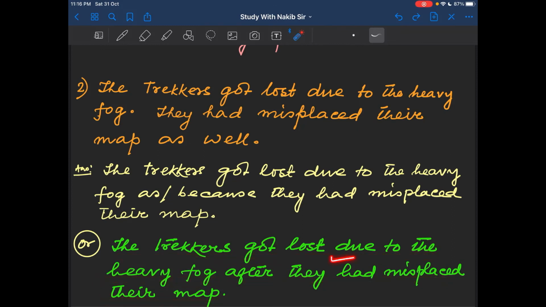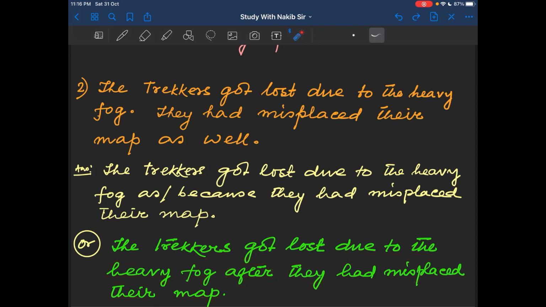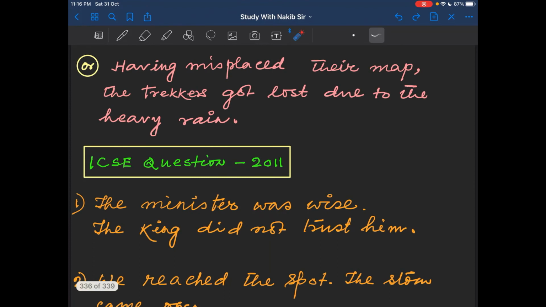This is a sentence of past perfect tense, so after is there, you see, in between two clauses. You can combine these two sentences this way also, or you may combine those two sentences this way.